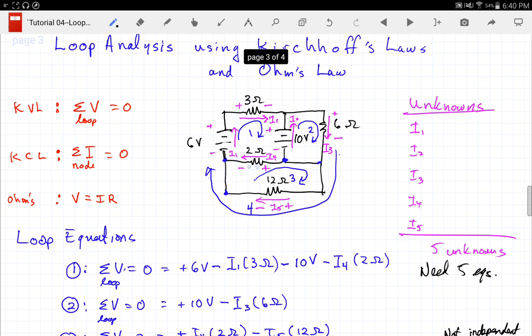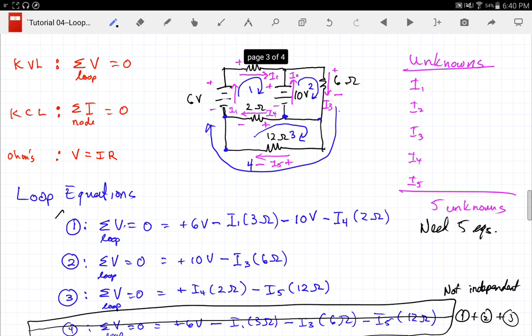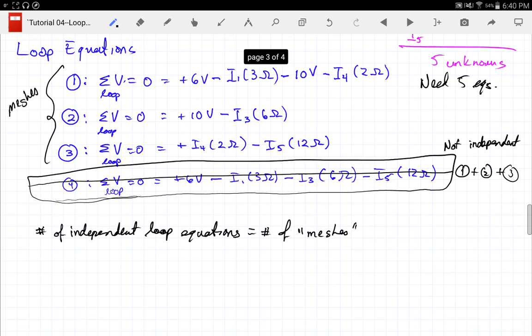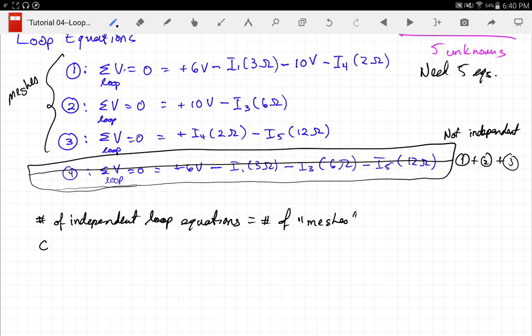A mesh is the smallest circles you can make. So loops 1, 2, and 3 are 3 meshes. So I can have 3 independent mesh equations as long as I cover the entire circuit.